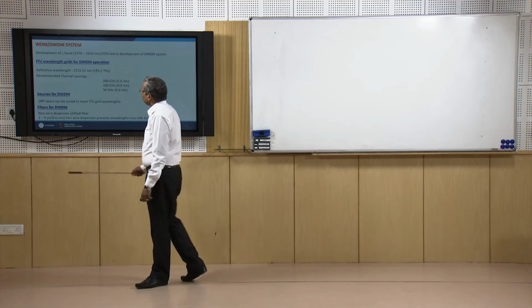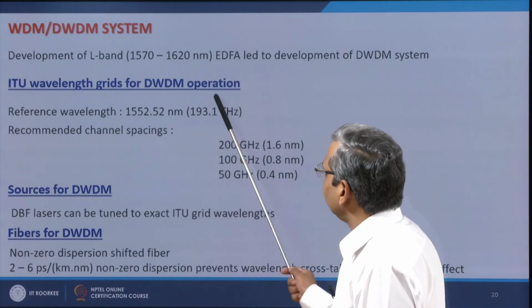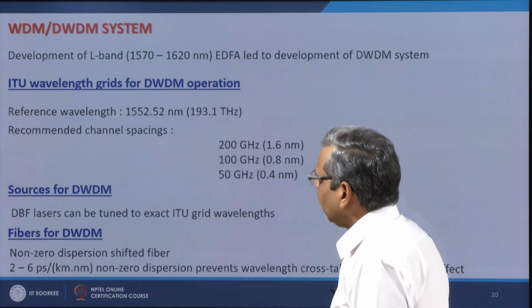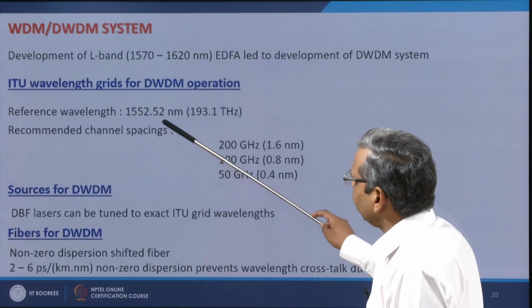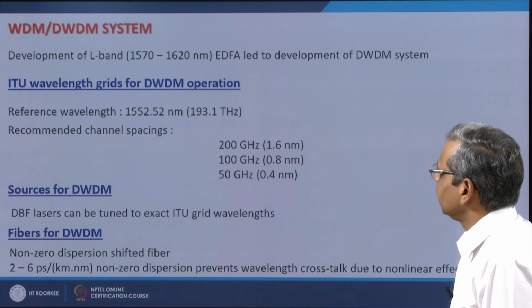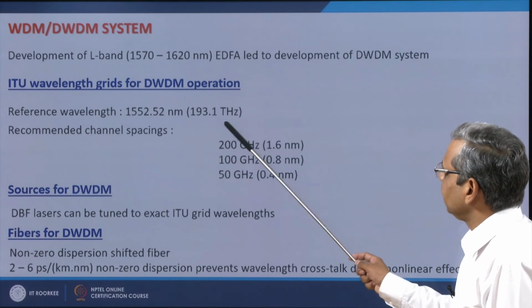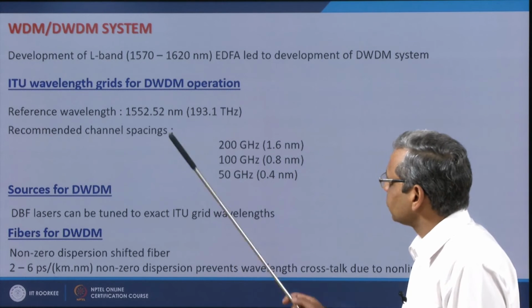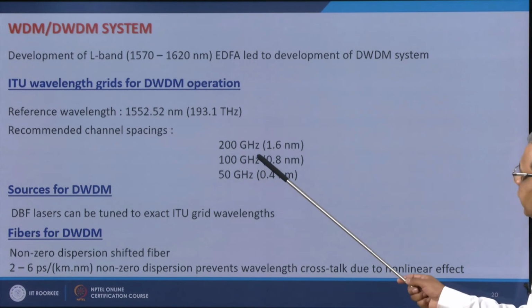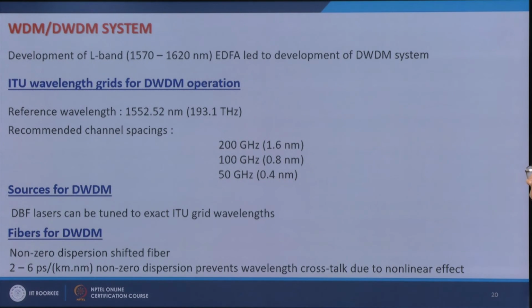Then ITU wavelength grids for a DWDM operation are given by reference wavelength 1552.52 nanometer, which is about 193.1 terahertz, and recommended channel spacings are 200 gigahertz, which is approximately 1.6 nanometer, 100 gigahertz corresponding to 0.8 nanometer, and 50 gigahertz corresponding to 0.4 nanometers.